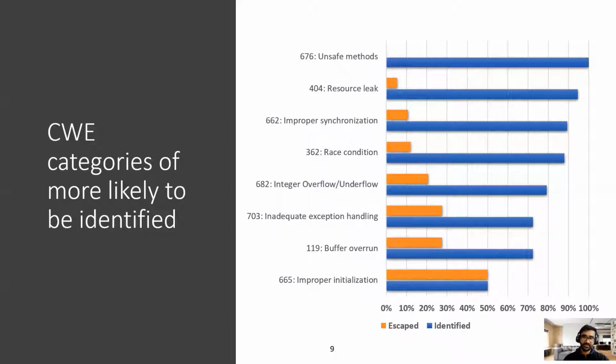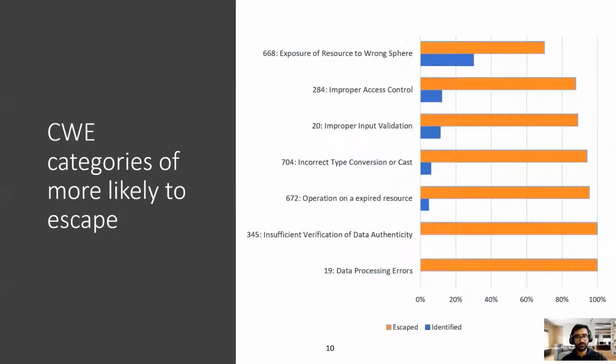Also, security defects related to integer overflow, buffer overflow, and inadequate exception handling are more likely to be identified during code reviews. On the other hand, security defects related to information and resource exposure, improper access control, inadequate input validation, incorrect type conversion, and operation on expired resources are more likely to escape during code reviews.